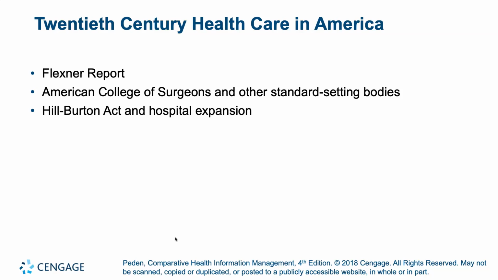You'll see at the bottom of the page, this information was copyrighted in 2018. There's been a lot that has changed since 2018, and I'll probably be slipping in comments here and there as we go through this about what has changed and how it has changed. But I'm going to leave these items here on this slide for you to go back to and look at in your book.